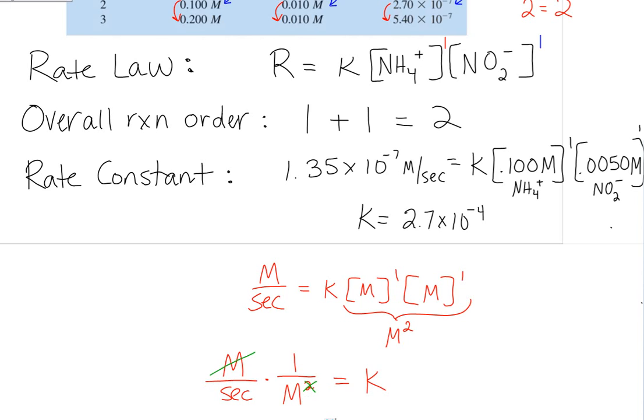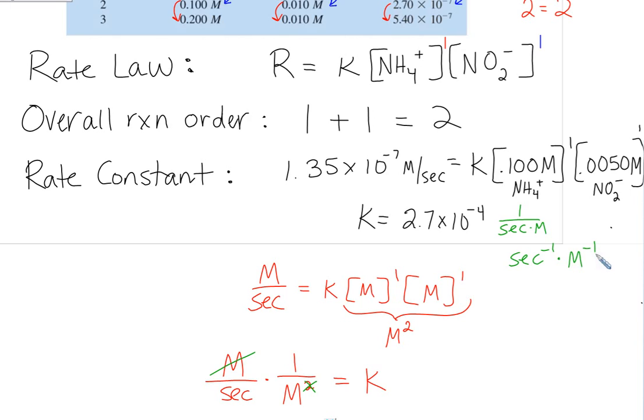Now there are a few different ways that you could report this unit. You could say the unit is 1 over seconds times molarity, or molarity times seconds. That would be totally fine. You could show this as seconds to the negative first times molarity to the negative first.